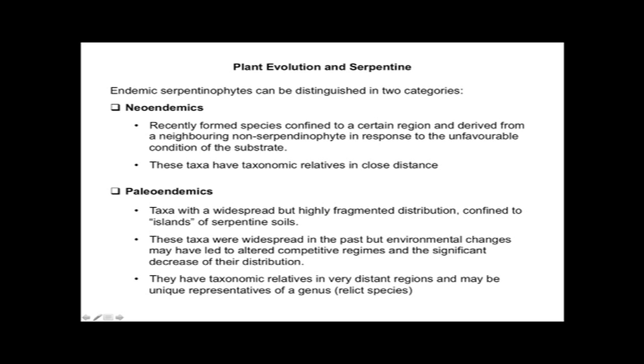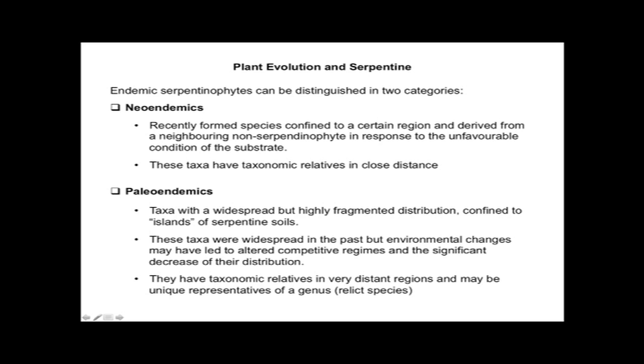So they are species that have recently been differentiated from the neighboring relatives. These are neo-endemics. On the other hand, paleoendemics are taxa which are widespread, but have a highly fragmented distribution. And these taxa are confined to islands of serpentine soils. We cannot find them outside of serpentine soils.